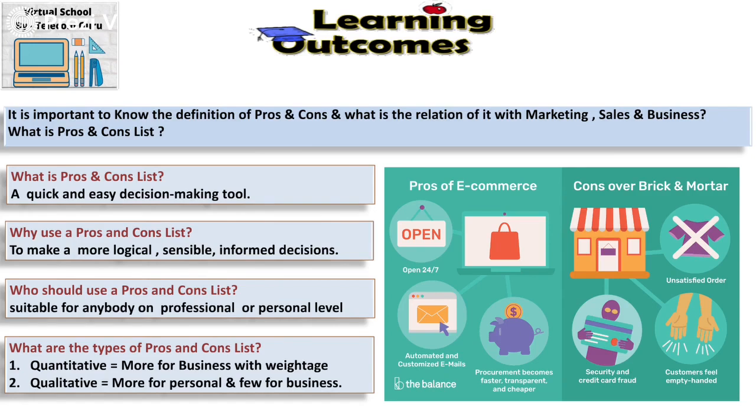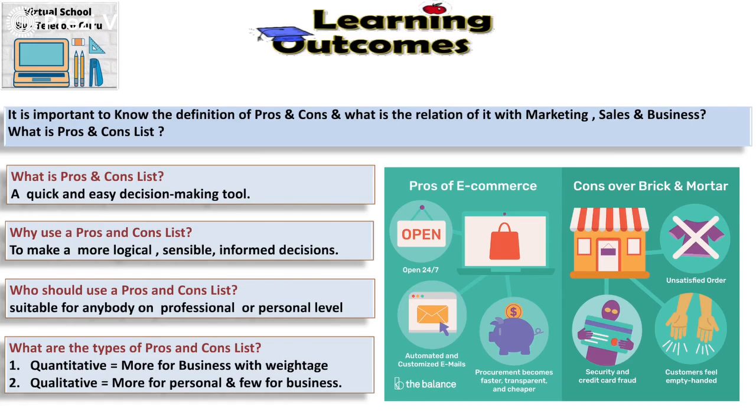So this is basically the detail. If you look at the picture, there is a pros and cons chart in pictorial form, where we are talking about the pros of e-commerce, which is very commonly used nowadays, online business. The pros of online business: it is always available 24/7, it is automated and customized, and from the business perspective the procurement is good, as is the customer experience.